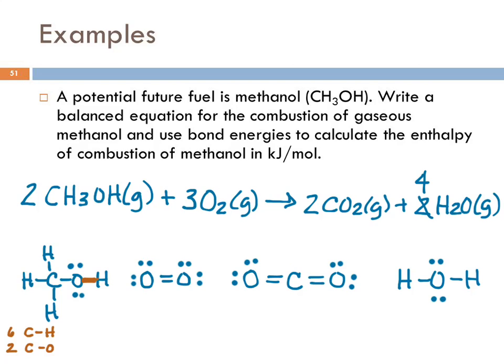And then I've got 3 oxygen molecules. When that breaks, there's 3 oxygen-oxygen double bonds breaking. And then here's the other side. I have 2 carbon dioxide molecules, and I have 2 double bonds between carbon and oxygen for each. So that's 4 carbon-oxygen double bonds being made.